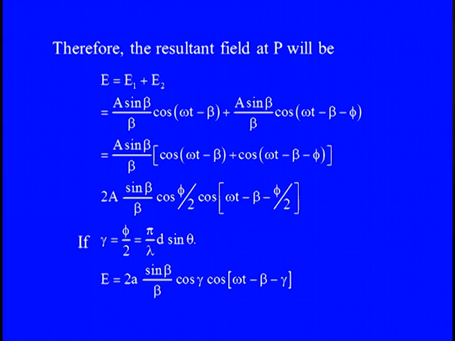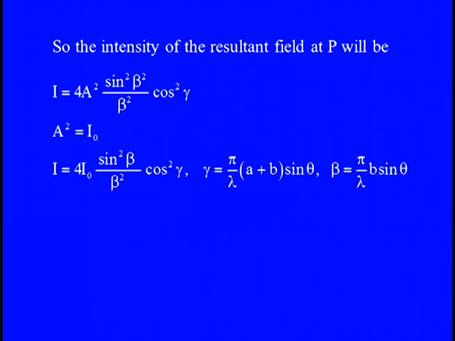If we define γ = φ/2 = π/λ d sin θ, then the resultant field E will be equal to 2A sin β/β cos γ cos(ωt − β − γ). So, the intensity of the resultant field at P will be equal to 4A² sin²β/β² cos²γ.